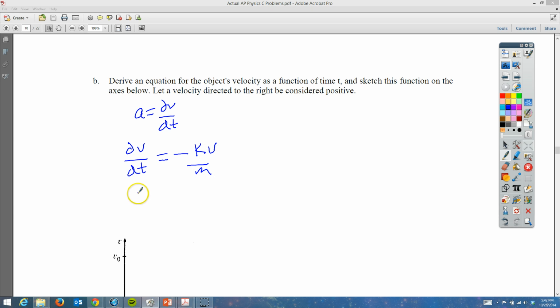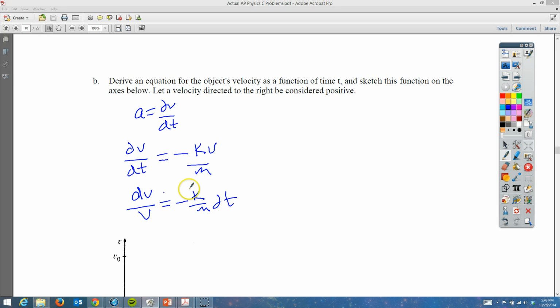And if we want to, we could go through and say dv over v is equal to negative k over m dt. So what did we do there? Basically, all we did is swap places of dt and v, and when you do that, you get dv over v is equal to negative k over m dt.